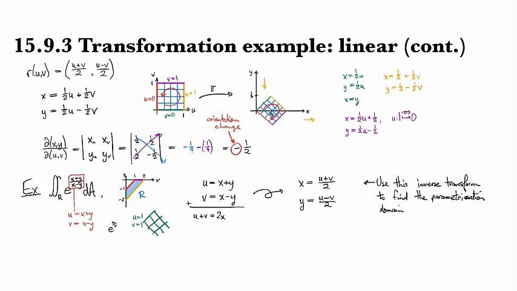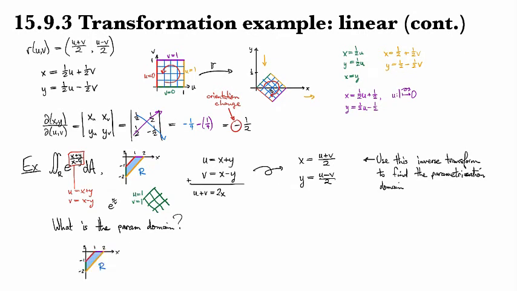Okay, so what is the parametrization domain? Well, I'm going to mess around with this little figure that I drew, so I'm just going to copy it here. Okay, so let's look first at the green part over here.